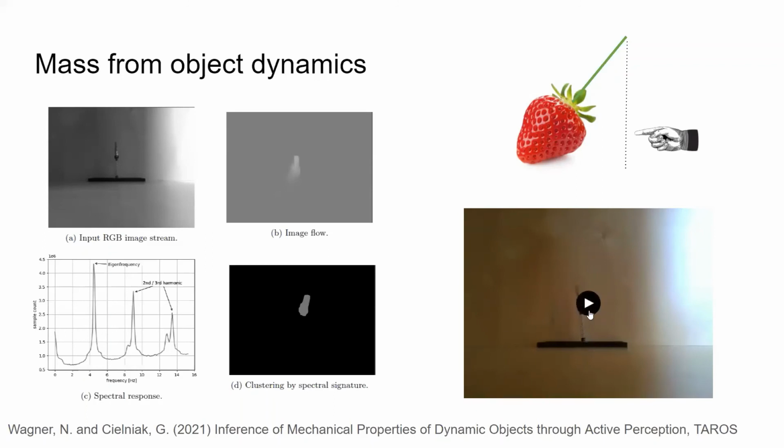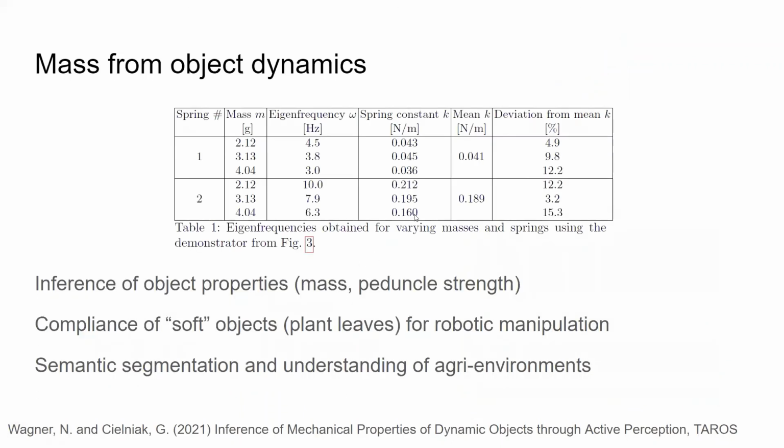We haven't looked at the strawberry exactly. It's a simple mass spring system that we've looked at, so it's all lab-based experiments. But the idea is that you use the RGBD sensor to cluster the video into regions of individual frequencies, and based on that you estimate the frequency of the objects, and you can estimate the other parameters of that spring mass system.